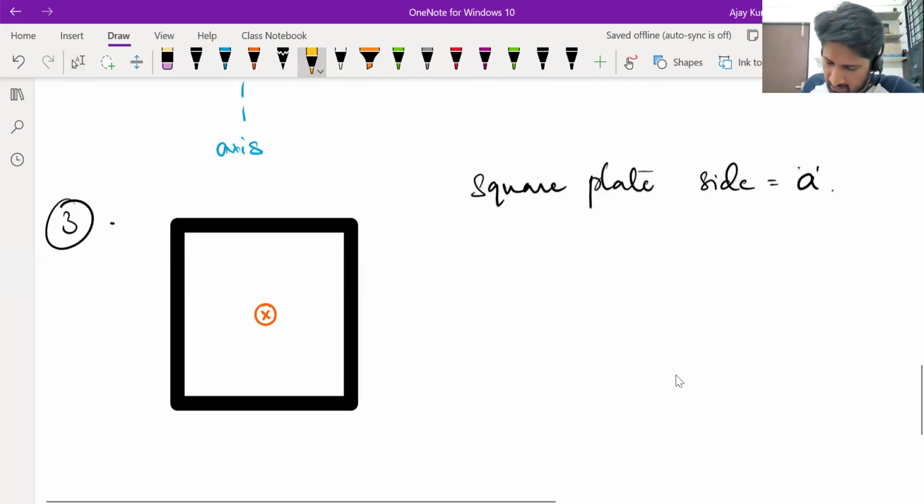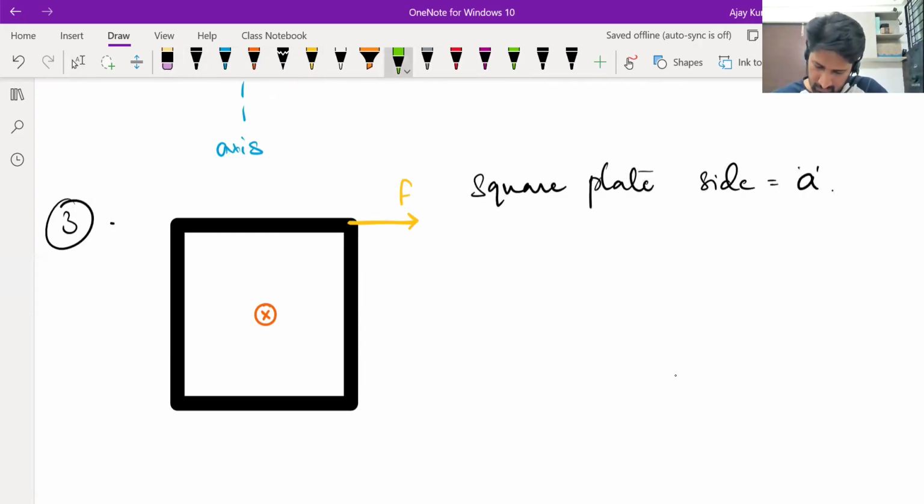Imagine one force acting like this. You are given the point where the force is acting. You can even see the line along which the force is acting. Let's say this is 10 Newton. Okay, let's quantify all this, or let's call it F. Next, another force acting this way. The magnitude of the force is 2F.